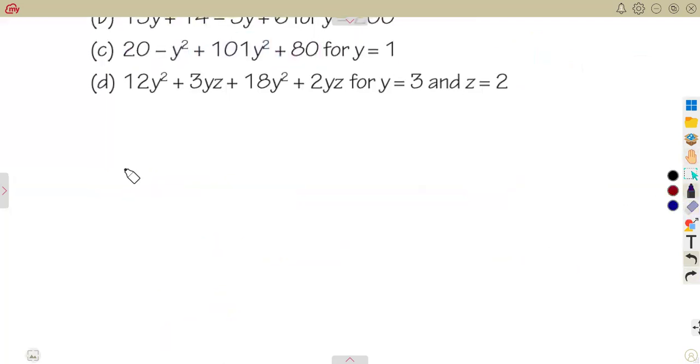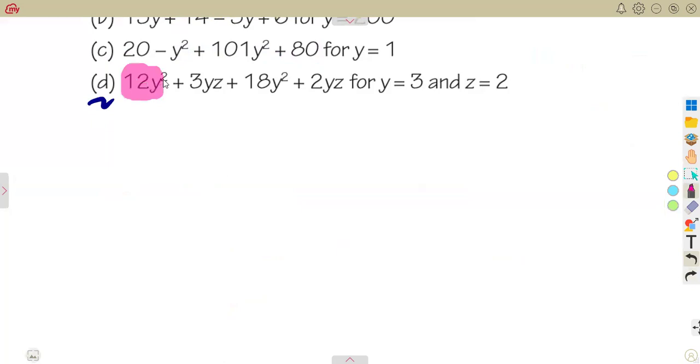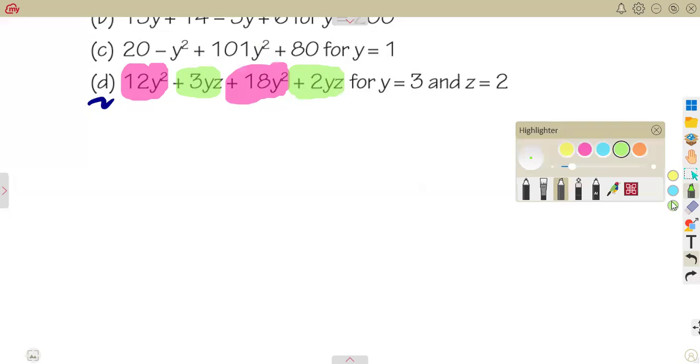All right, the same part on D. We also have to consider our like terms again, the part of y squared there to the part of y squared. Then there is this part of yz, 2yz, the 3yz and the 2yz there. So you must also consider that.